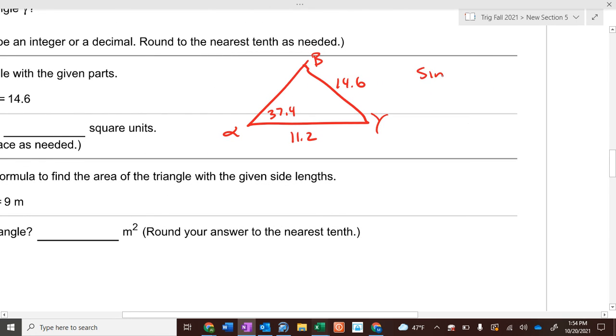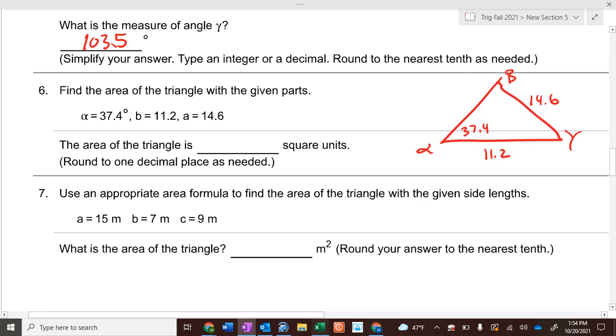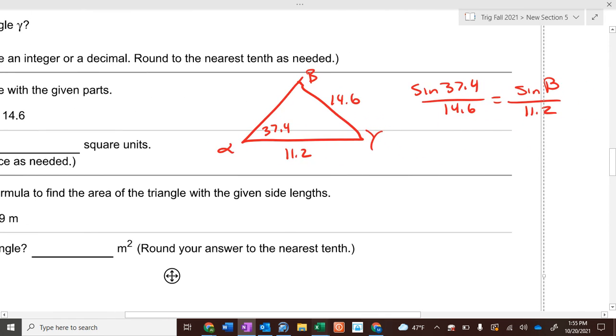So I'm going to say the sine of 37.4 divided by 14.6 equals the sine of beta over 11.2. If we take 11.2 times the sine of 37.4 divided by 14.6 and then take the inverse sine of the answer, we get 27.7706, which is basically 27.8.